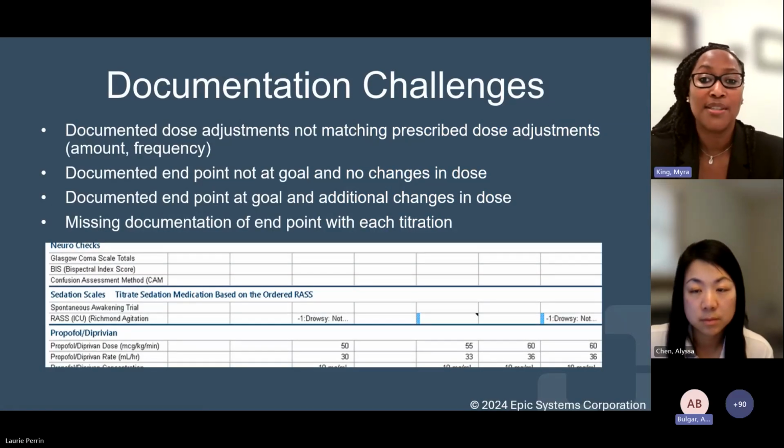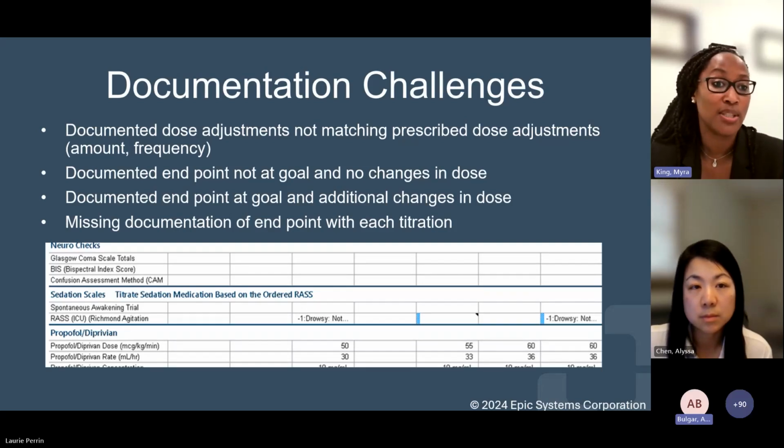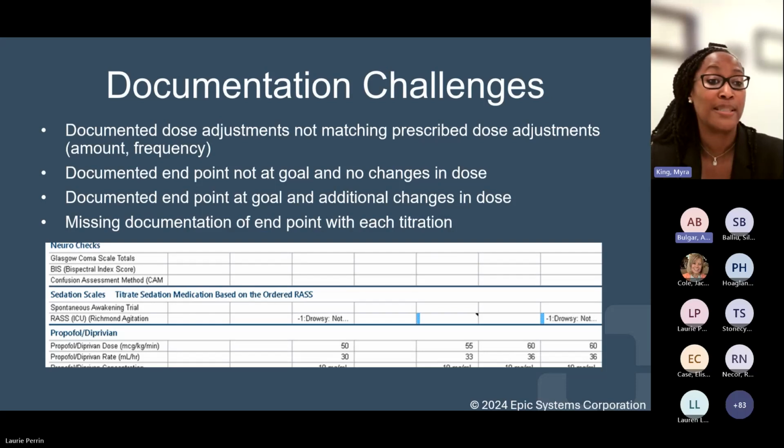Early on, we had several documentation challenges, and we continued to monitor those challenges throughout implementation. We were seeing that the documented dose adjustments were not always matching the prescribed dose adjustments, specifically as to amount and frequency. So perhaps the norepinephrine was being titrated at a higher dose or frequency than what was prescribed, or at least that is what was being reflected in the documentation.